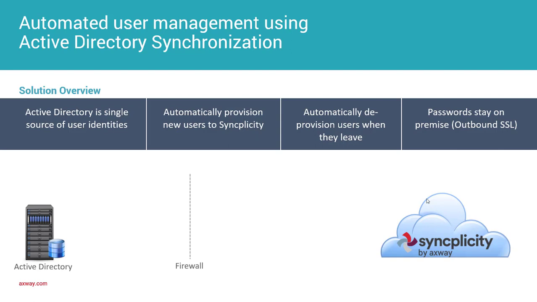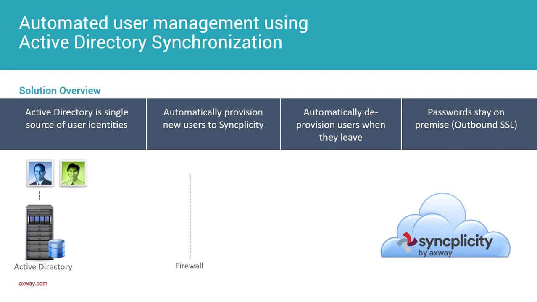But they will also, and this is very important, automatically be deprovisioned when they leave the organization. And not only that, your passwords will also not leave the organization. In contrast to, for example, Azure, where you would sync your passwords between your Active Directory on-premise and an Active Directory in Microsoft's data center, Syncplicity users will authenticate to your Active Directory in your account.